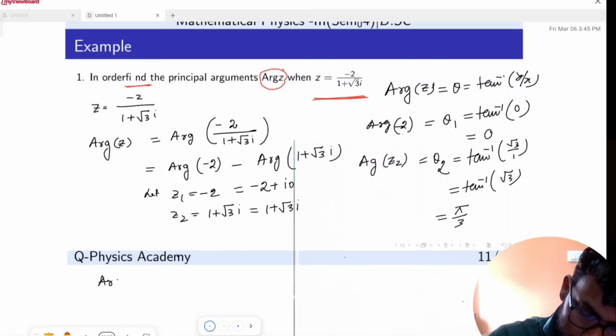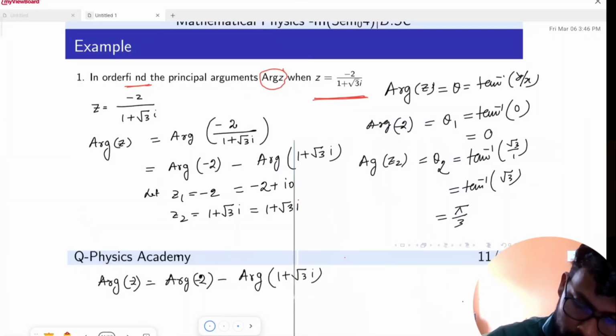So finally we got the answer. The principal argument of z is the principal argument of minus 2 minus the principal argument of 1 plus root 3i.